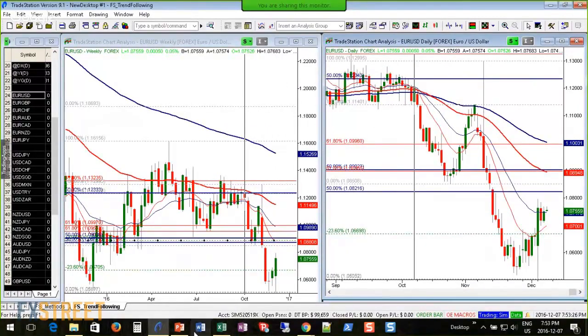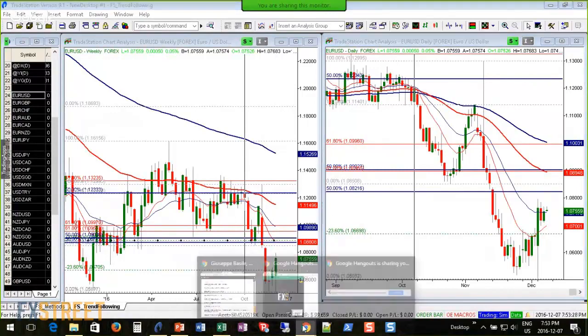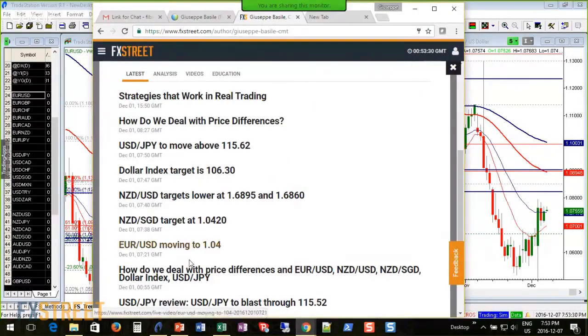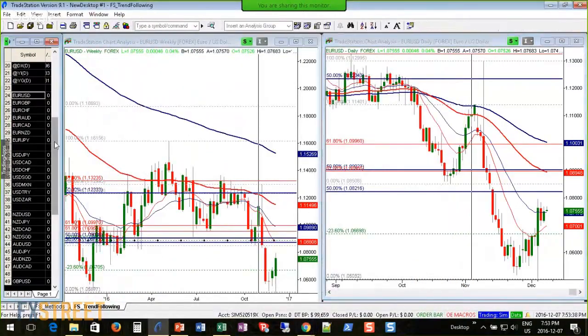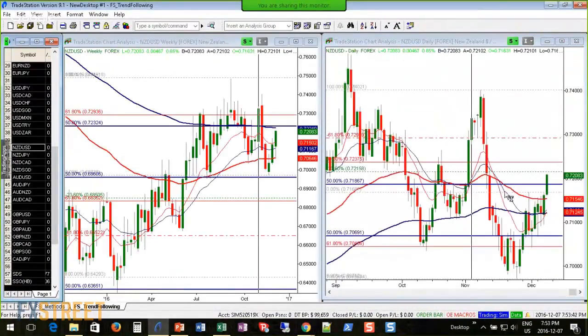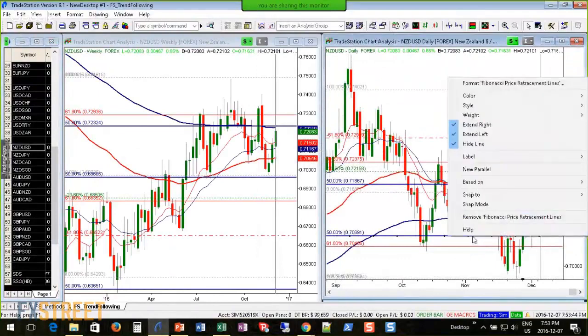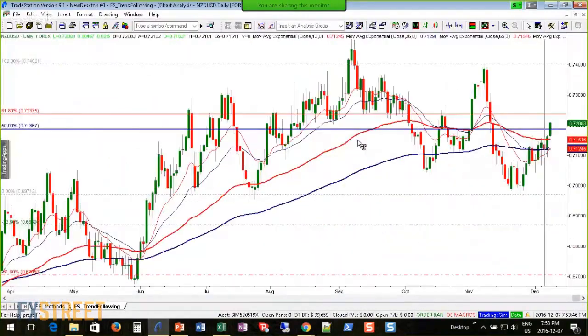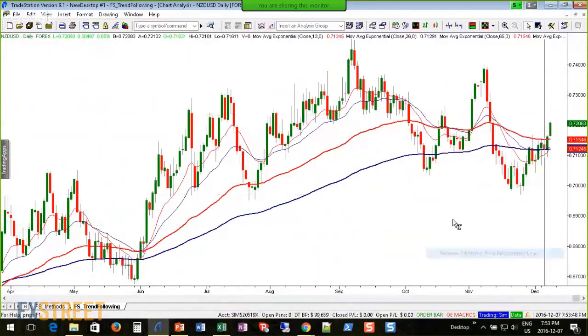The same thing has happened to the euro, the New Zealand dollar, US dollar. We're looking for lower targets, and again, the trade was risk-free. We got an extension here, which brought price into the risk-free level.